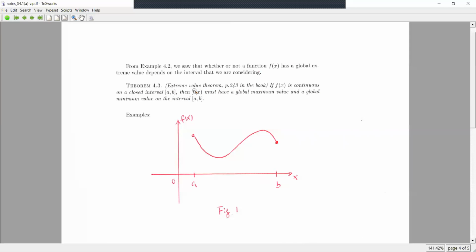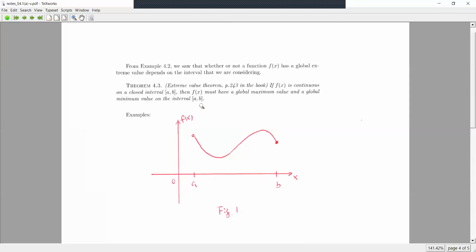Maximum and minimum values are called extreme values. This theorem says that if the function f is continuous on a closed interval AB, then the function f must have a global maximum and a global minimum on this interval.